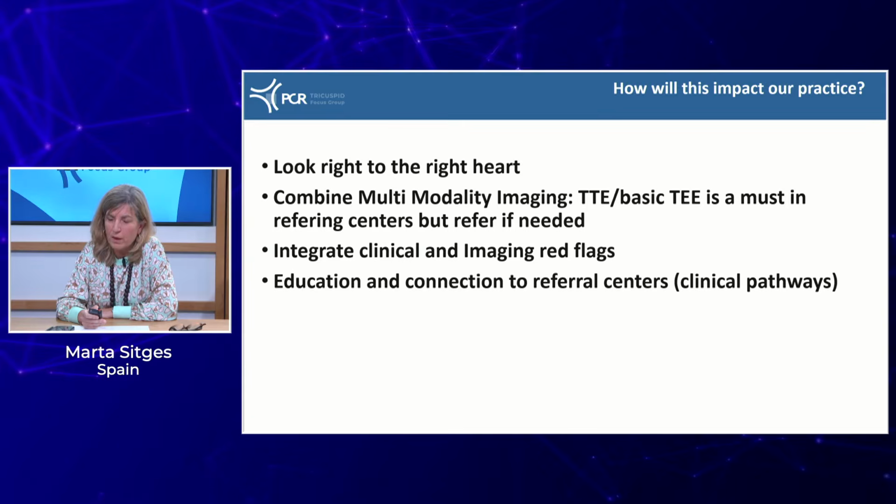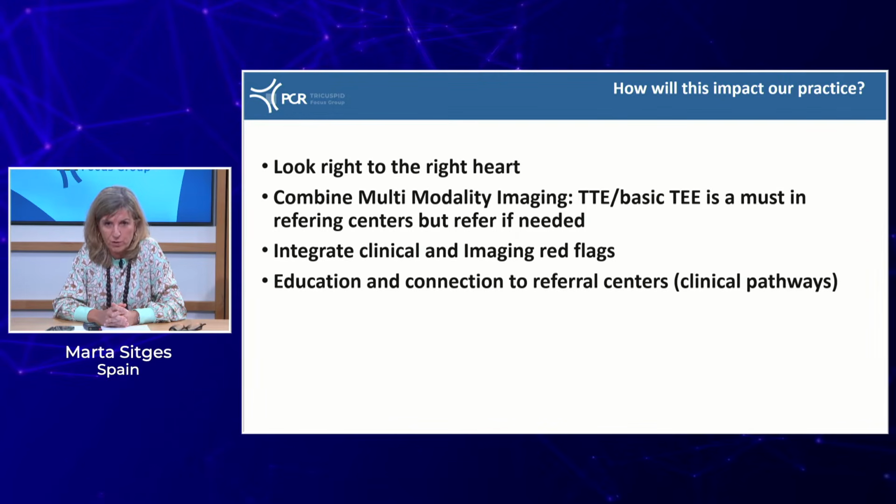So to sum up, how will all this impact our practice? Definitely the guidelines give a big step further in looking at the right heart. They give us tips and tricks on how we should look, with an integrative, multidisciplinary approach, combining multimodality imaging.